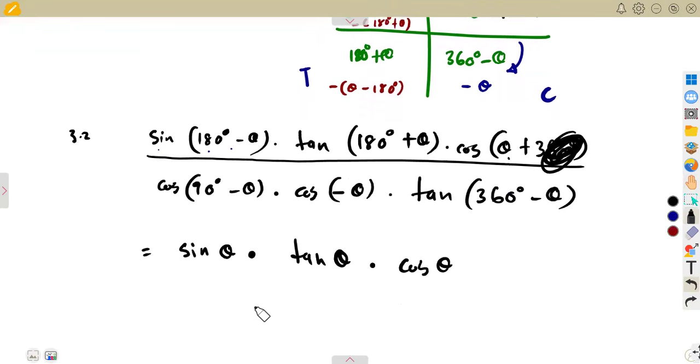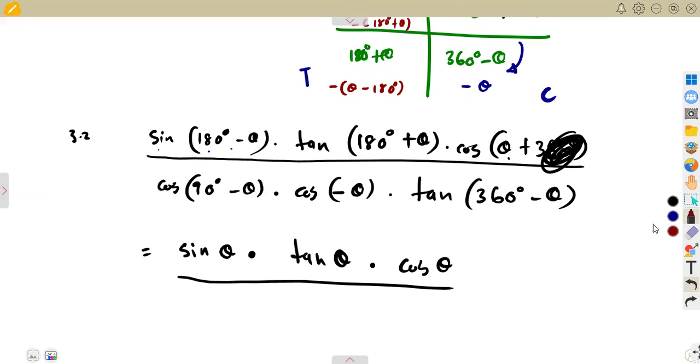All right, then we have the cos of 90 minus theta. This is the relationship that we have between cos and sine.